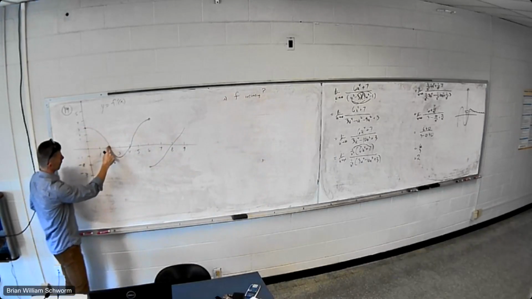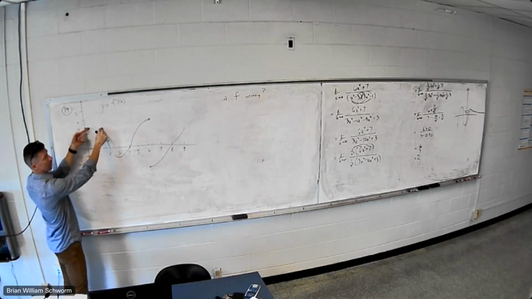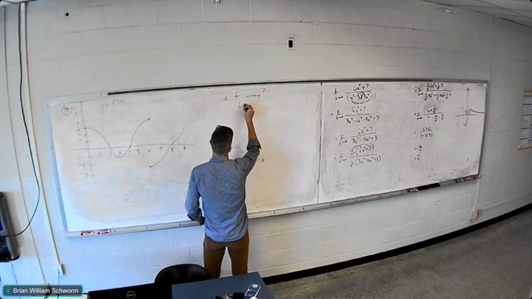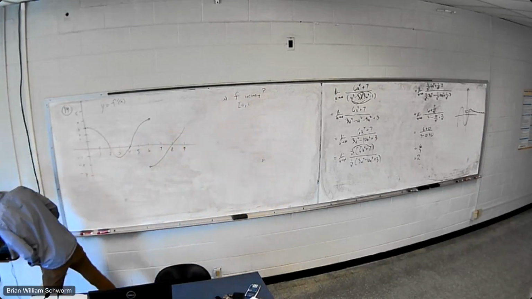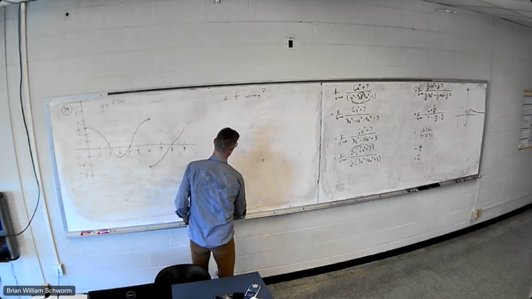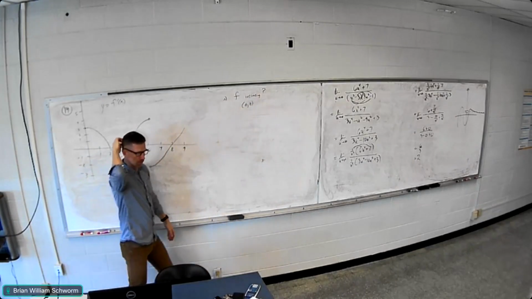Where it's positive. So it's positive through here. It has positive values, 0 to 2. So that's not the ordered pair 0, 2.